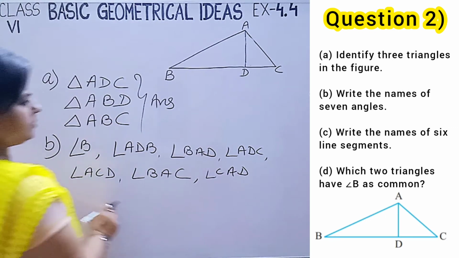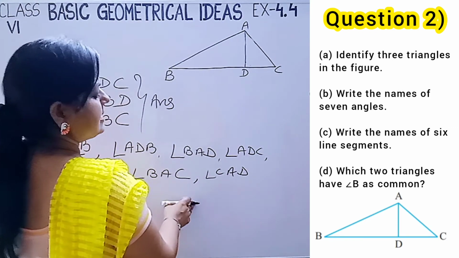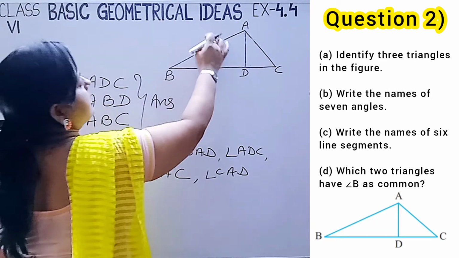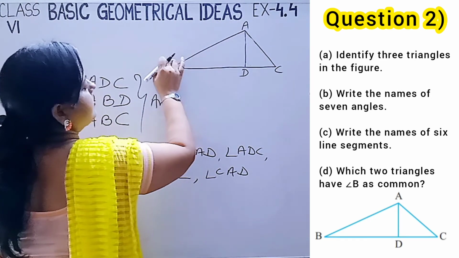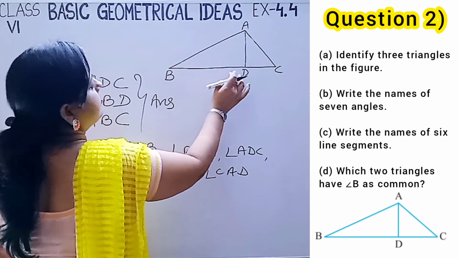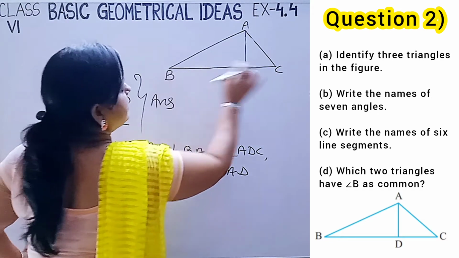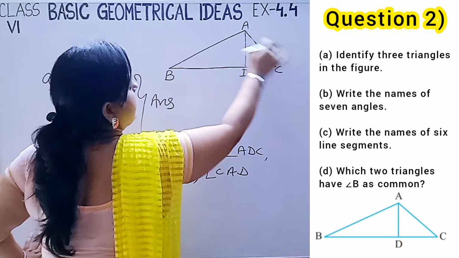C part. Write the names of 6 line segments. So these are the line segments AB, BD, DC, BC, AC, AD.